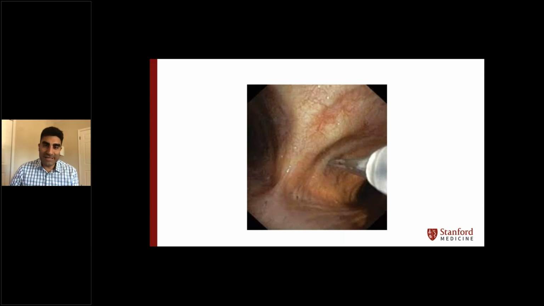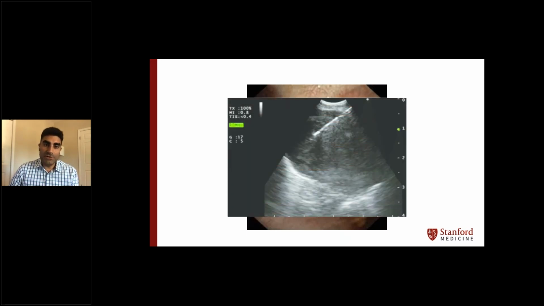This seems a little crazy now in the era of EBUS, but EBUS was developed, and we can see our needle under ultrasound guidance going into our target, and suddenly the yields went up, the safety went up, everything improved, because once again we got real-time image guidance, we got the confidence and the feedback of exactly what we were doing, and this has become the standard of care.